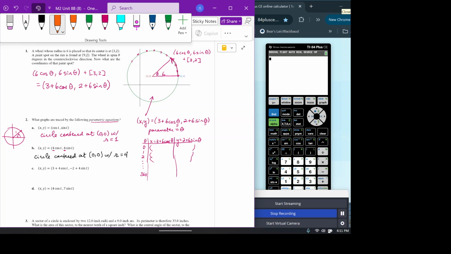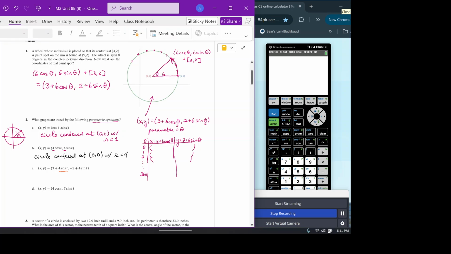In part C, notice it's 4 cos t and 4 sine t again, except now we've moved it a little bit, right? It's been shifted a little bit to the right and down. So this is really going to be a circle centered at 3, negative 2 with radius equaling 4.